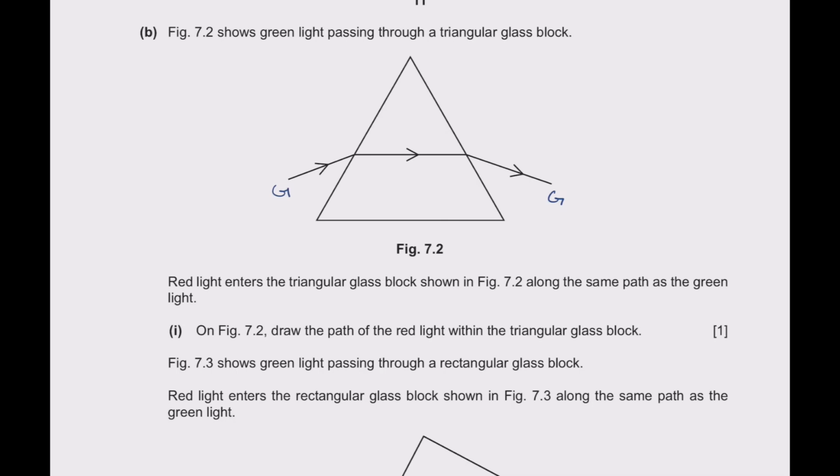When white light passes, this is the spectrum we get, violet here and red here, that is VIBGYOR. Red is above the green, so it will deviate less and will be like this. So that will be the red light.